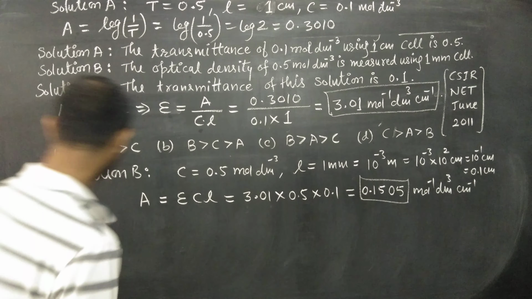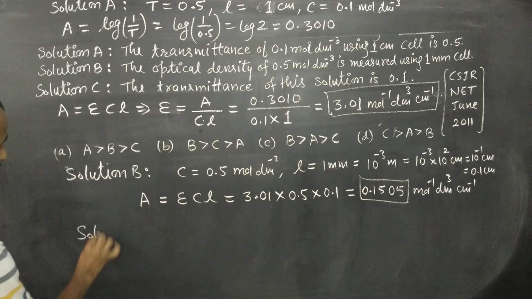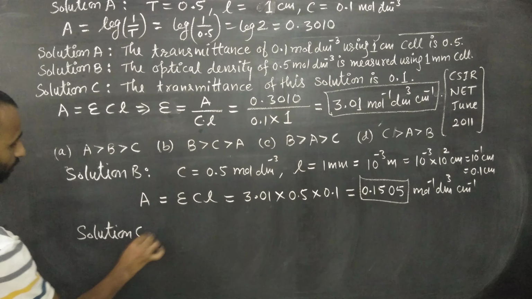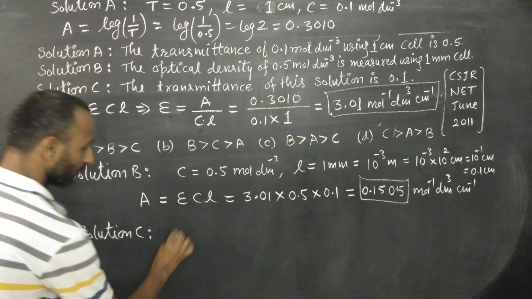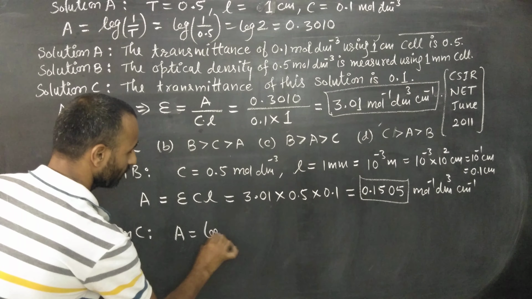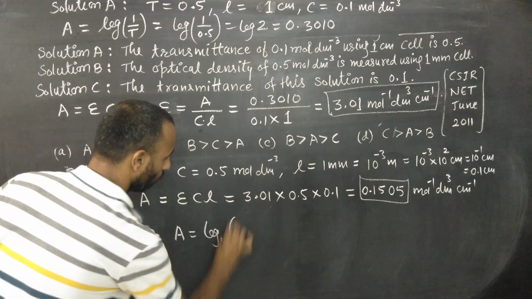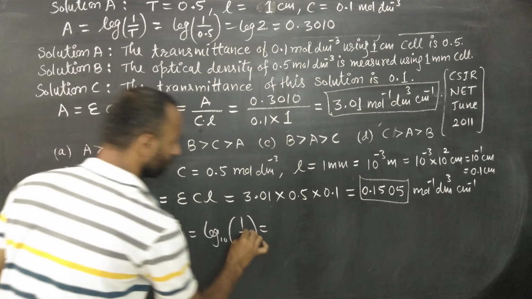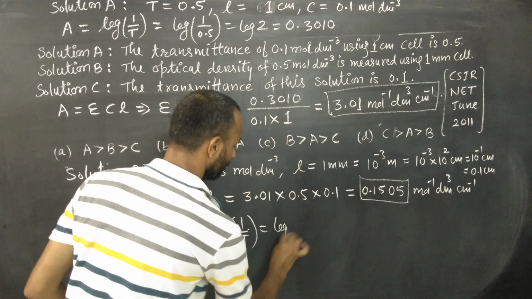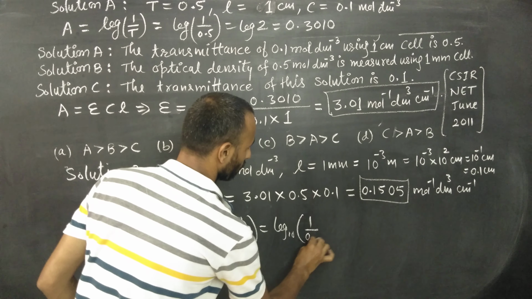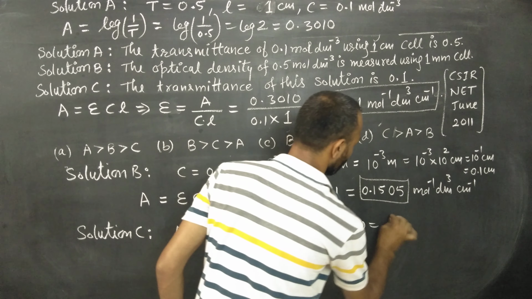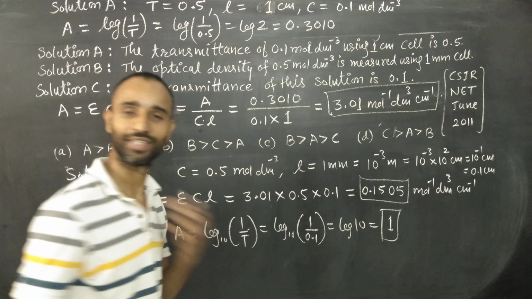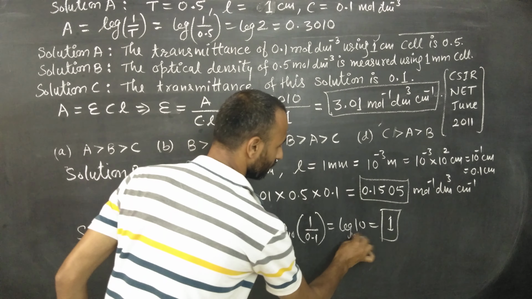Now solution C. For solution C, transmittance is given. Very simple: absorbance is log of 1 upon transmittance. So we get log of 1 upon 0.1, that is log of 10, and log 10 is 1, because the base is 10.